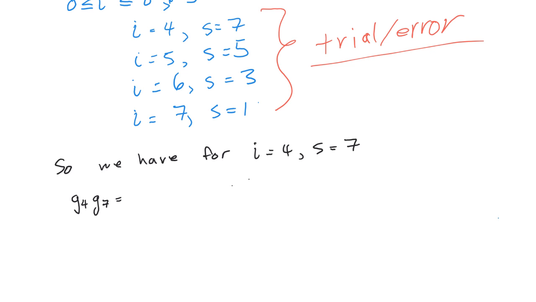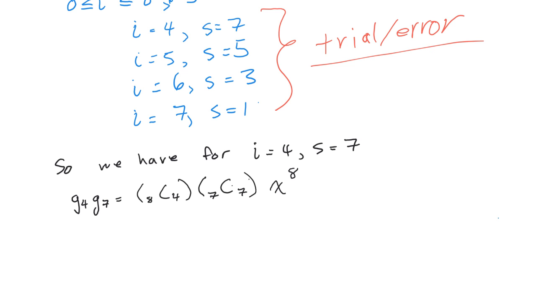For i equal to 4 and s equal to 7, our combined multiplication of the two terms becomes the following. We have our 8C4 and 7C7, but remember we said that all of these calculations were to get x to the 8, so we don't have to do the substitution for that.